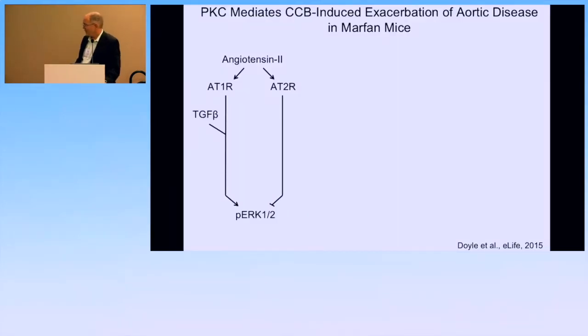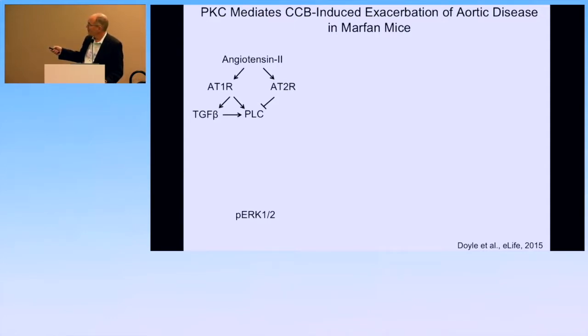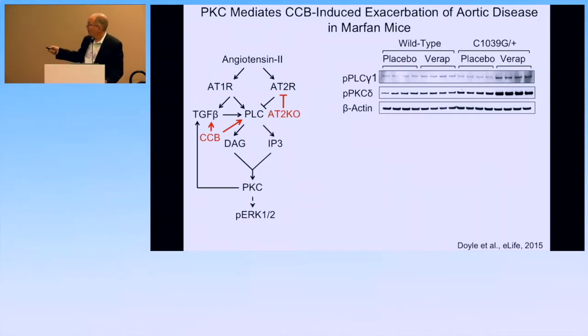Now this presented a dilemma. We could make connections between angiotensin signaling, between TGF-beta, and between ERK by looking at the literature. But the question was, where do calcium channel blockers fit into all of this? Now, if we looked further in the literature, we found that TGF-beta and angiotensin 2 type 1 receptor signaling can increase the activation of phospholipase C, and that through a downstream IP3 PKC axis could ultimately culminate in ERK activation.